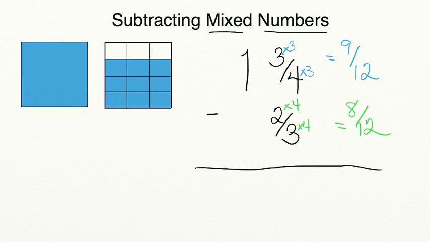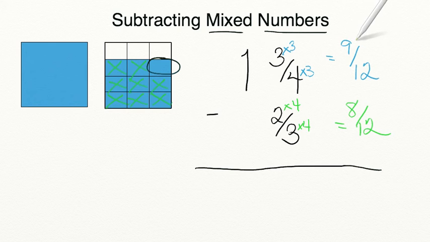In order to do this, I'm going to cross off 8 twelfths of my diagram. 1, 2, 3, 4, 5, 6, 7, 8. So I have now subtracted 8 twelfths, and that leaves me with 1/12 left over.